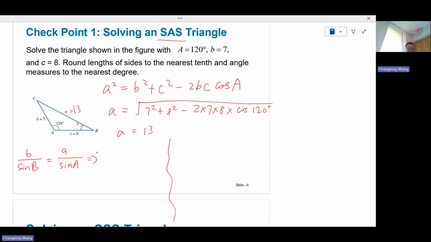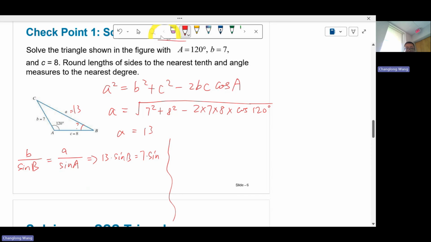And do the cross multiplication. So I have a, which is 13, times sine B equals 7 times sine 120.